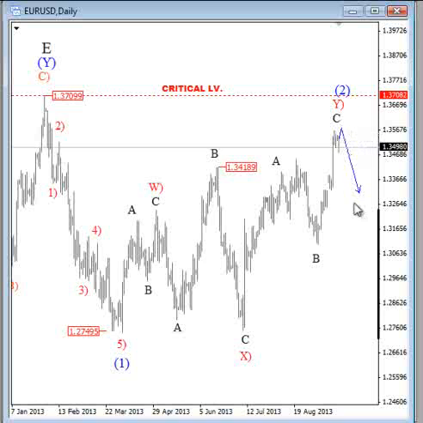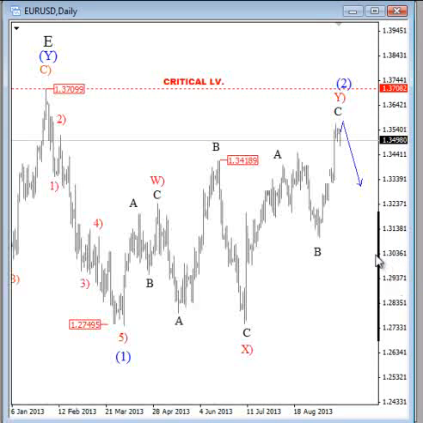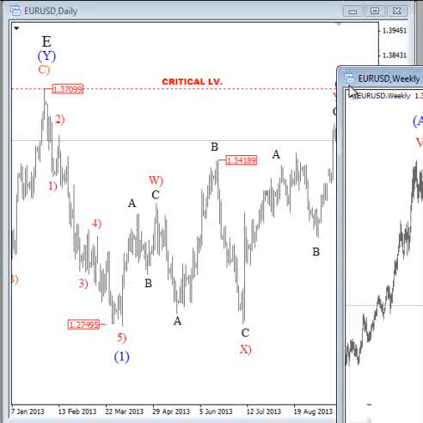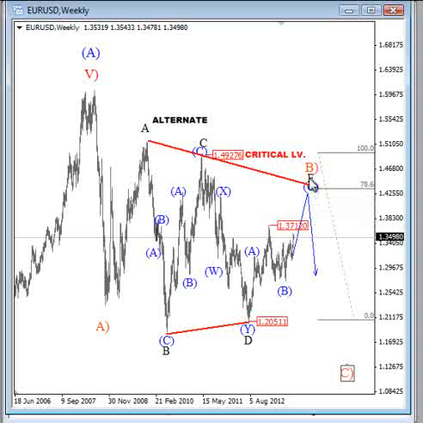So this wave count is still valid, but the next question is, is it confirmed? Well, it's not confirmed. We need an impulsive drop in price, especially if we also consider this alternate scenario that I showed you, where we could see further gains in this wave E.